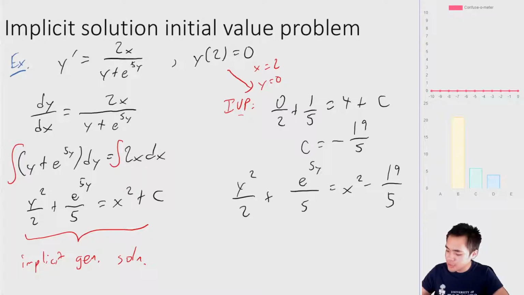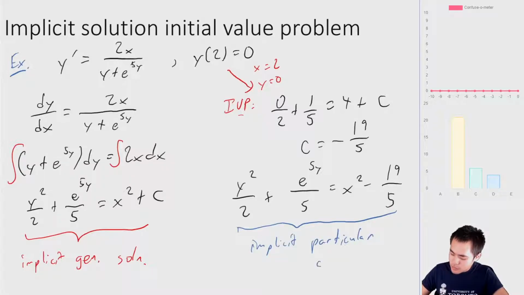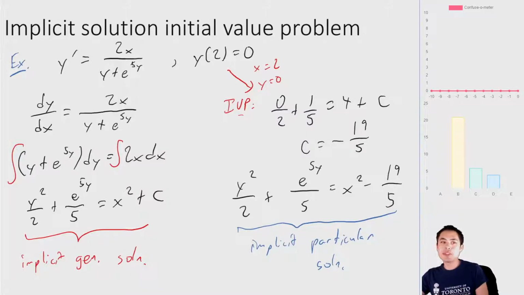And so this is an implicit particular solution. But note that it's actually really hard to directly solve for y in this case. And so often when I give you these separable ODEs, you can just leave the answer in implicit form, because it's difficult to do explicitly.